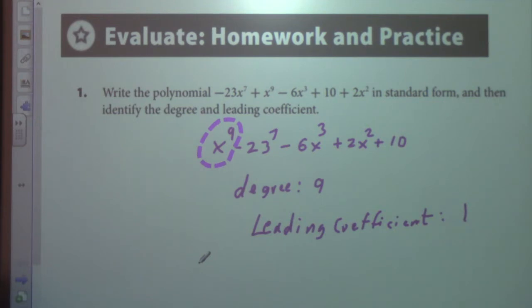It has the highest degree, yes. The significance is that the highest degree term determines the overall character of the polynomial. If we graph this and set it as an equation, f of x equals x to the 9th minus 23x to the 7th, and so on, this determines the end behavior. In this case, we're going to start low, end high.